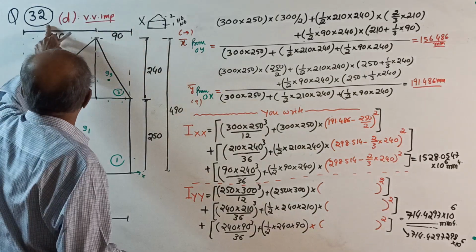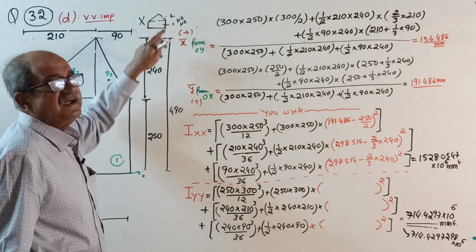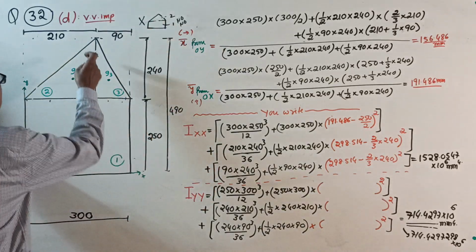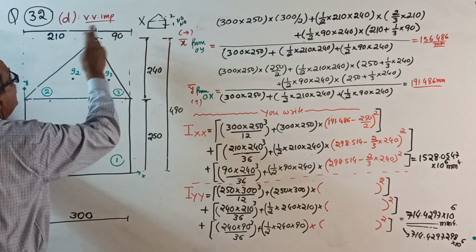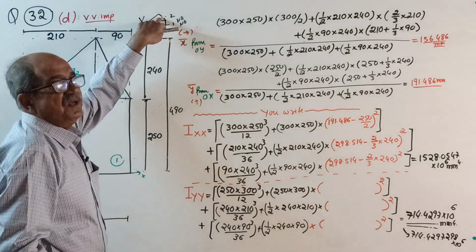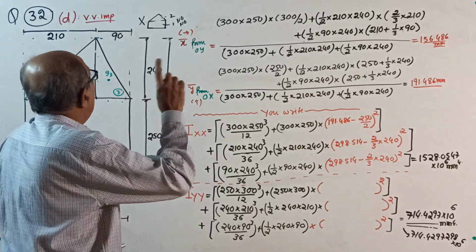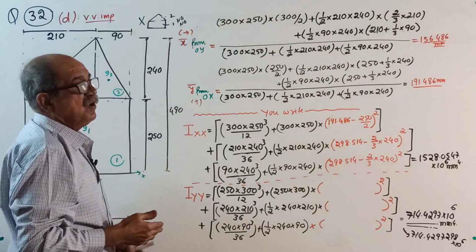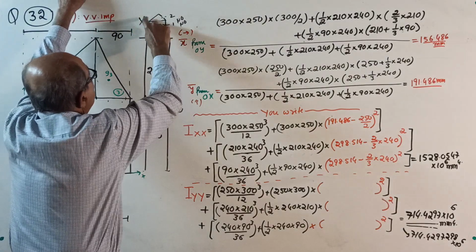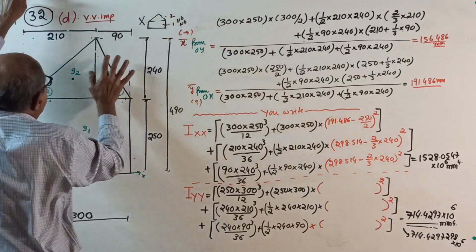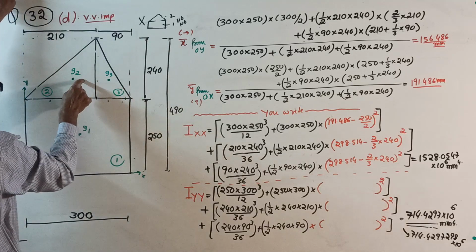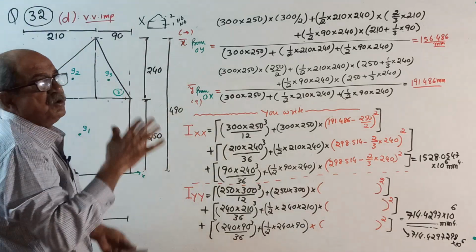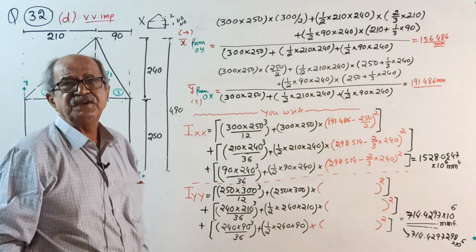But in 32D, that triangle is a triangle in general. See, this is 210, this is 90. Here there is a problem for I about YY axis, because for this one its centroid will be something, for the entire triangle, centroid may be somewhere here. There is no formula for moment of inertia.